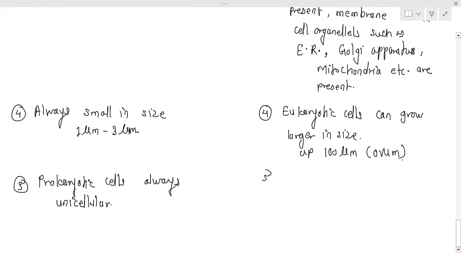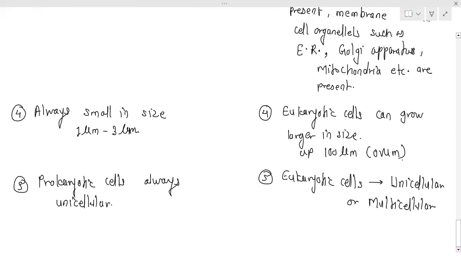Eukaryotic cells are either unicellular or multicellular. Okay.